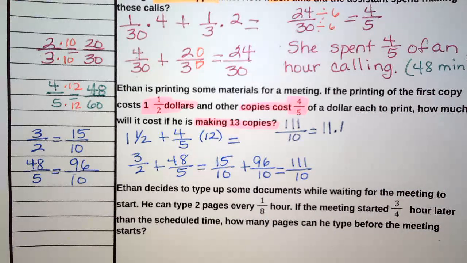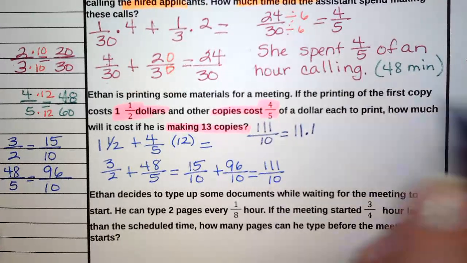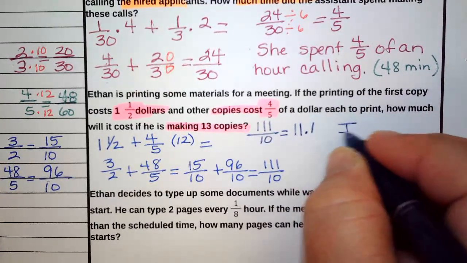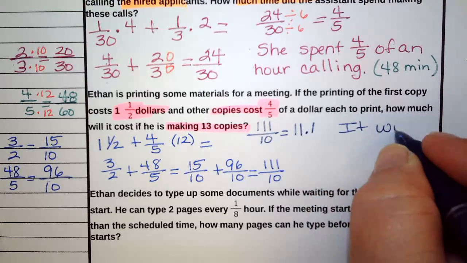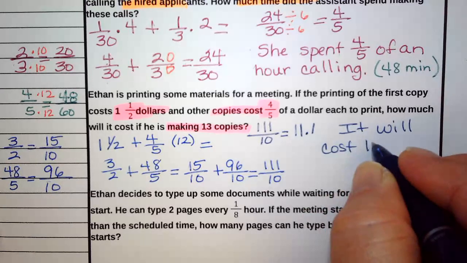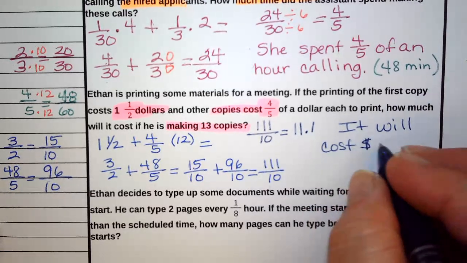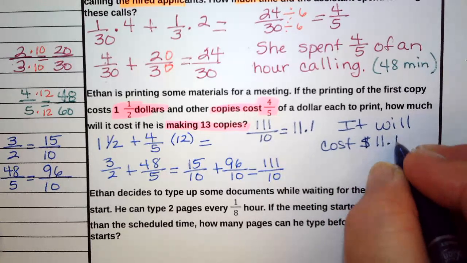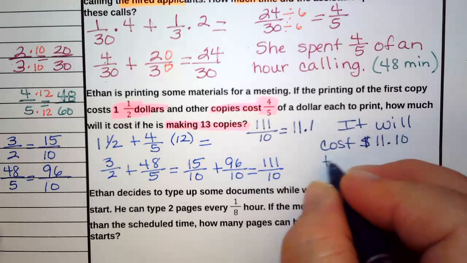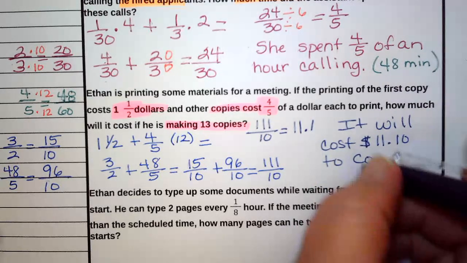To change it into dollars, it would be $11.10. It will cost $11.10 to make the copies.